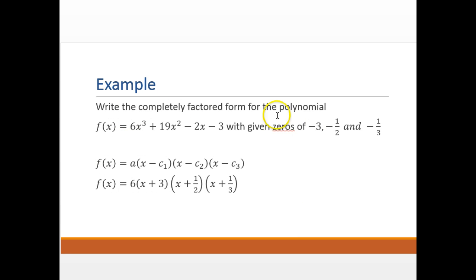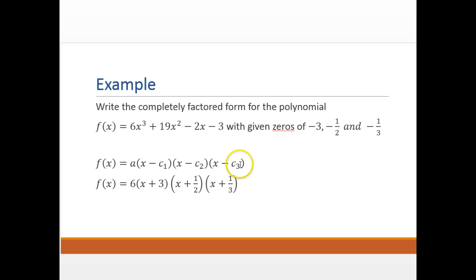Let's write the completely factored form of the polynomial. I'm given this function, f of x is 6x cubed plus 19x squared minus 2x minus 3. I know it's degree 3, so it has at most 3 real zeros. I'm actually given all 3 real zeros, -3, -1/2, and -1/3. So if I want to write this out, I know f of x equals a, my leading coefficient, times x minus c1, x minus c2, times x minus c3.